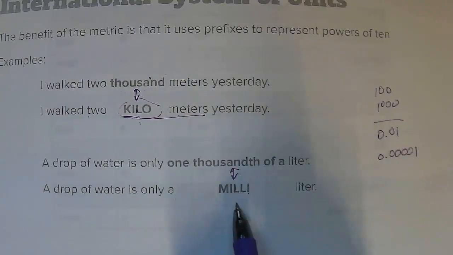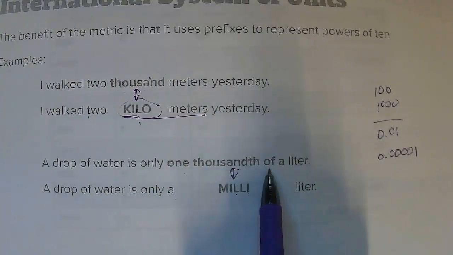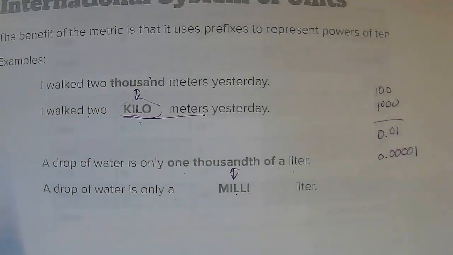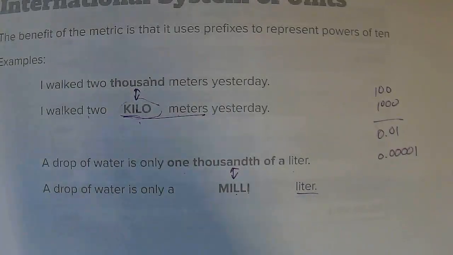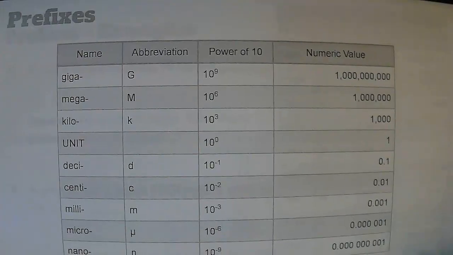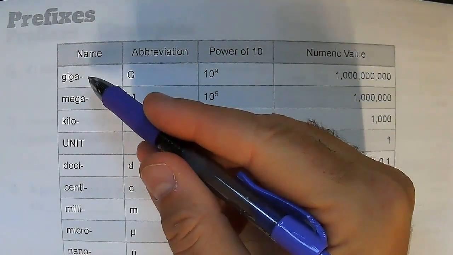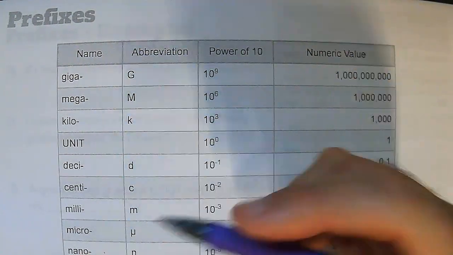Okay, so the prefix milli means 1,000th of whatever this unit is. Knowing prefixes allows us to make things shorter and easier to understand. Here are the prefixes, everything from giga all the way down to nano.